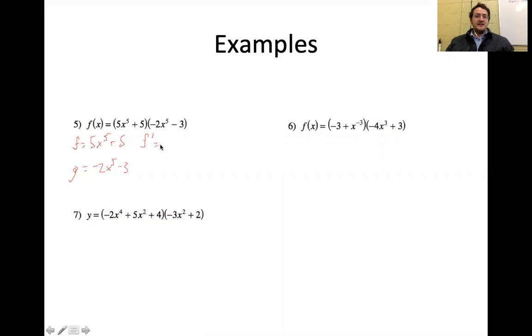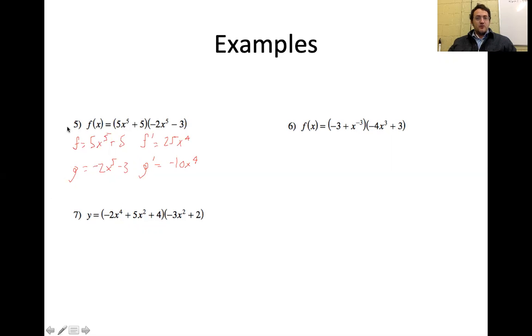F prime equals 25x to the fourth. Remember, the derivative of a constant is 0. And then g prime is going to be negative 10x to the fourth.